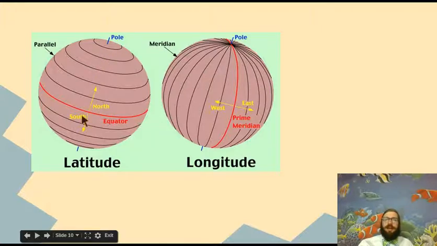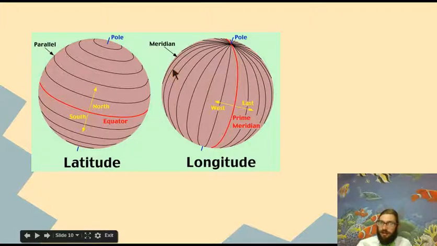And by using my latitude lines south, I can look how far south a place is. We have the same thing for longitude. We have the prime meridian, that's the center. Then you can count and measure how far east a place is, and you can measure how far west a place is by counting your longitude lines.